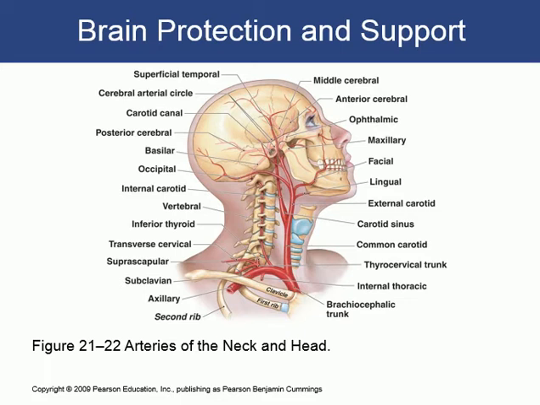Two internal carotids entering the skull, going to the brain, and two vertebrals from the back. So how many arteries feeding the brain? Four altogether. Two from here and two from the back. Those four are going to communicate with each other to make a circle inside the brain, and this circle is called the circle of Willis.